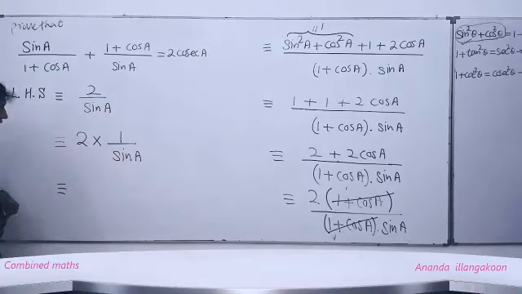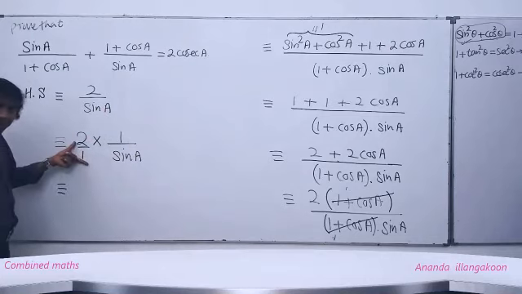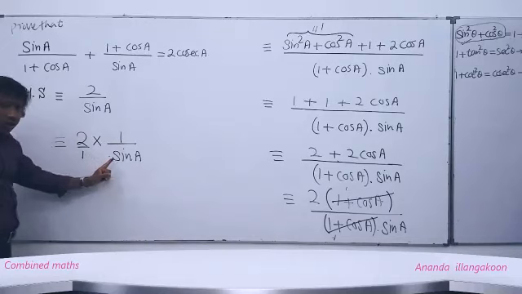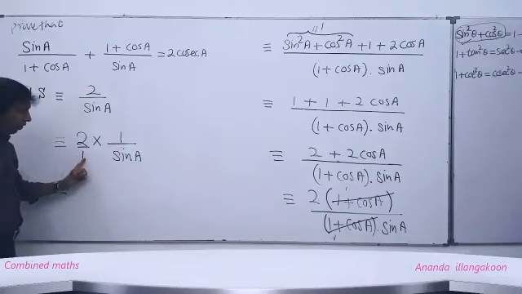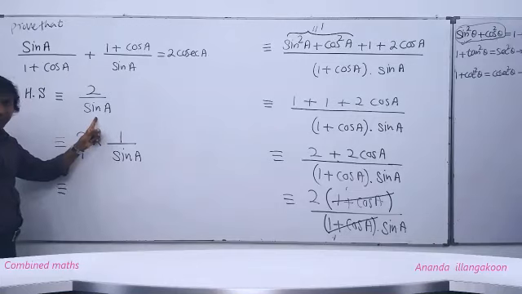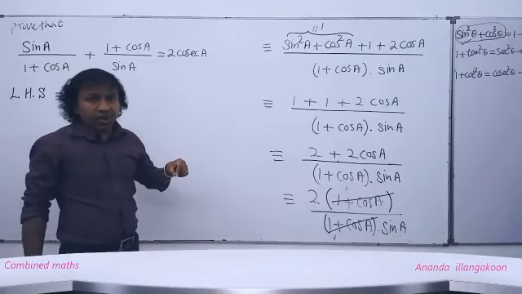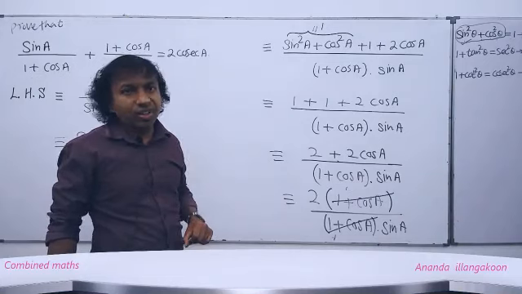This 2 means really 2 divided by 1. Then here we have multiplication of 2 fractions. How to multiply 2 fractions? Numerators are multiplied together, denominators are multiplied together. 2 into 1 is 2, 1 into sine A is sine A. This is coming. Due to any reason, this we can't change. Any expression we can write which is still equal to the previous. That is why I explain this always.